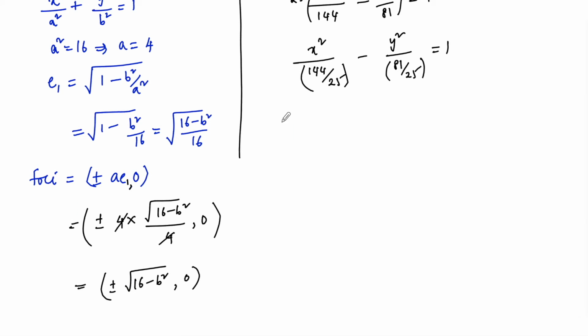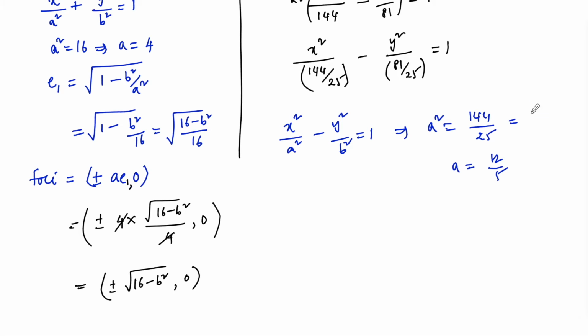So when comparing with the standard form of hyperbola, x square upon a square minus y square upon b square is equal to 1, we have a square is equal to 144 upon 25, that is a value we can consider 12 upon 5, since it is 12 upon 5 whole square.